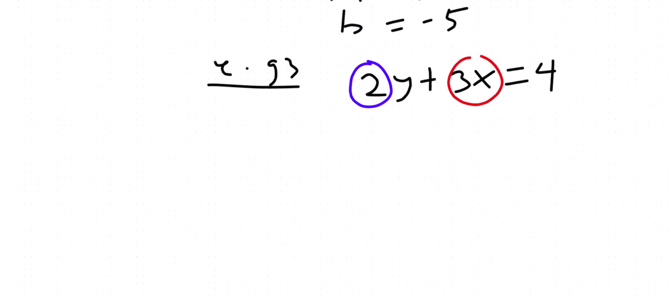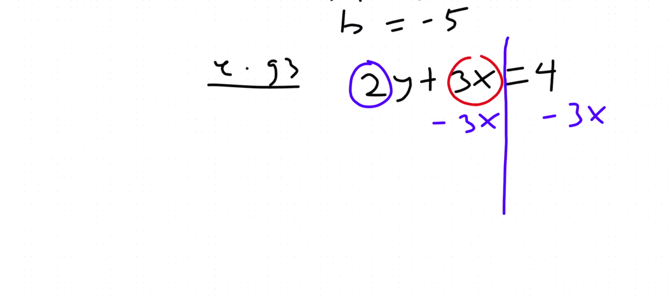So as a result of this, we are going to have negative 3x. From here, I love doing this. You can partition it, bringing a line here to separate so that it's going to be easy for you.